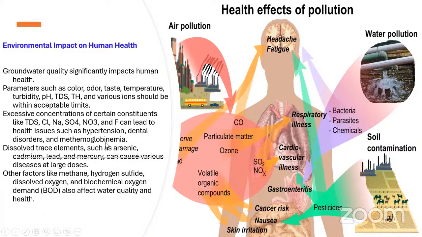And when we talk about sulfate and chloride, they may lead to some digestion system illnesses. And hydrogen sulfide, dissolved oxygen, and BOD may affect human health. Like this, these environmental constituents affect human health.